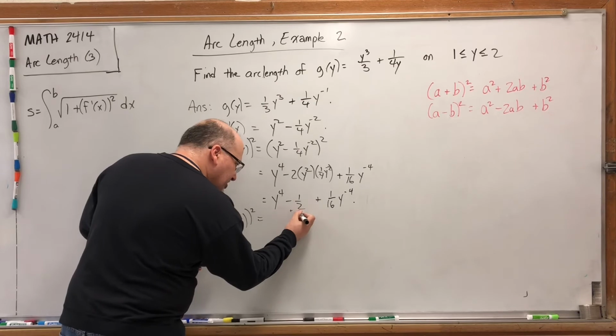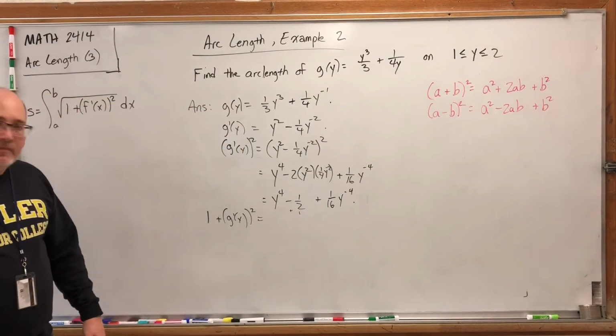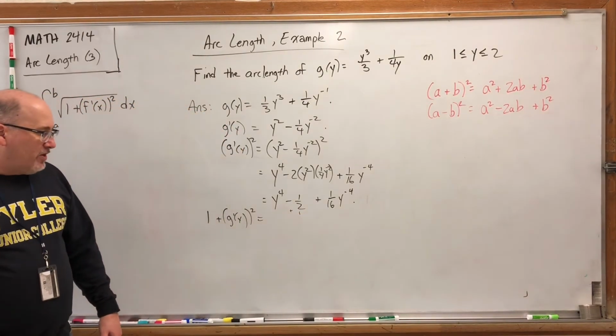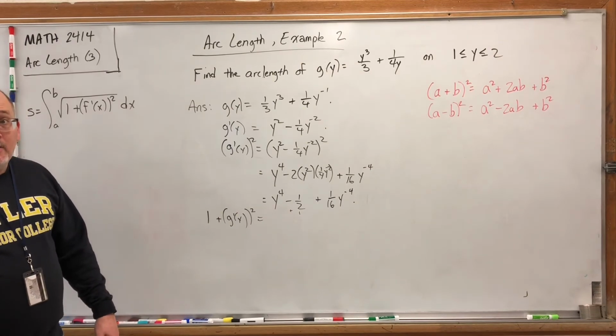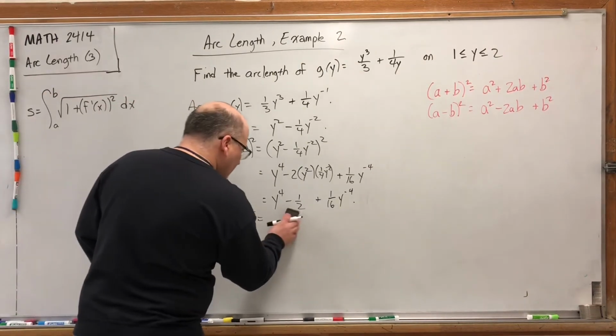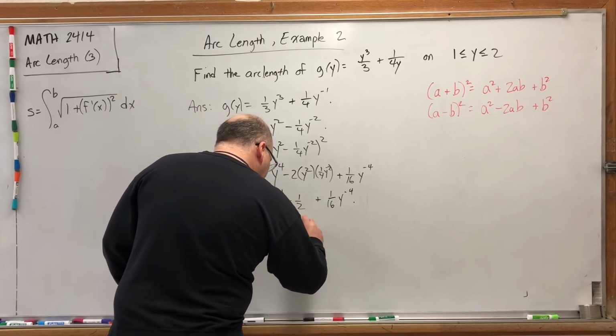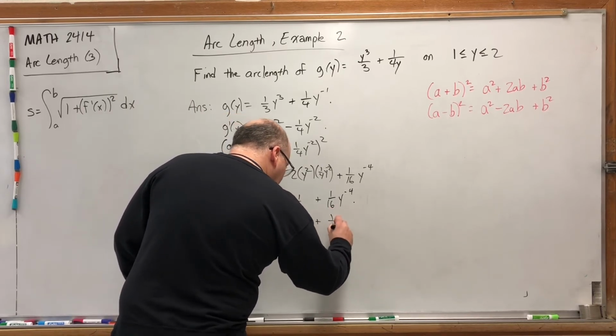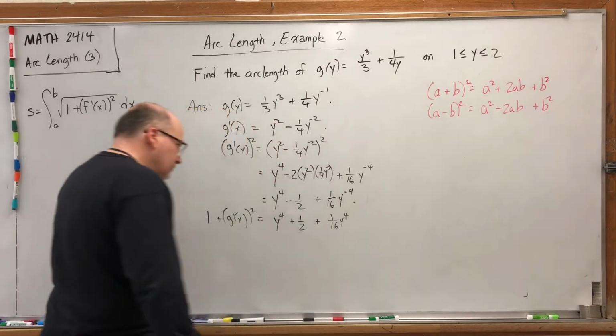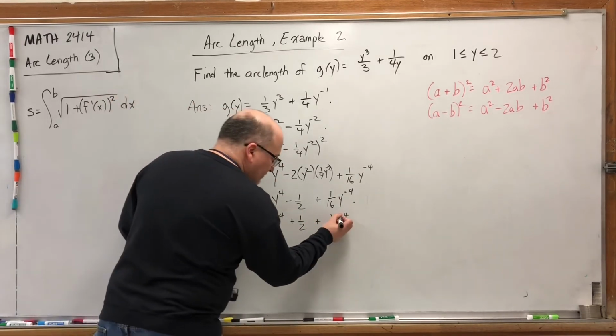So really, I just have to add 1 to the middle term. Well, what's negative 1/2 plus 1? Positive 1/2. Oops, that's y to the negative 4.